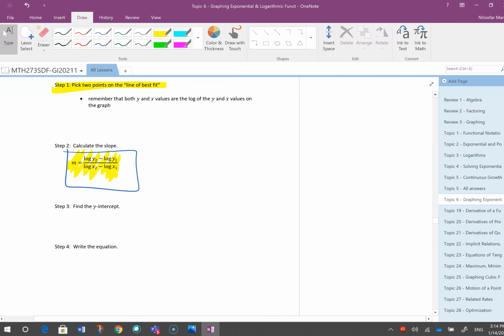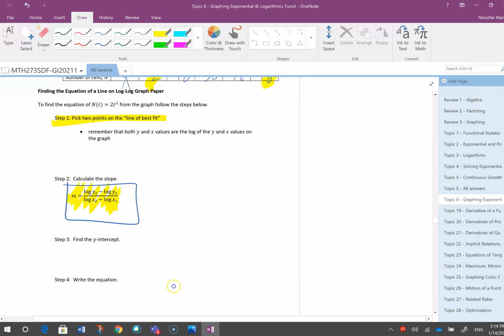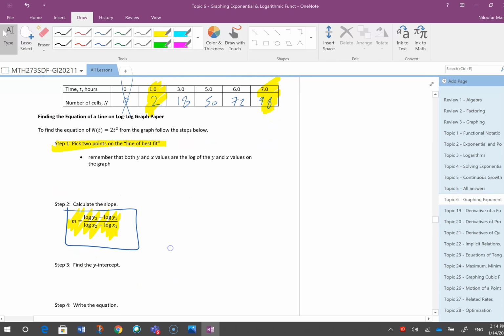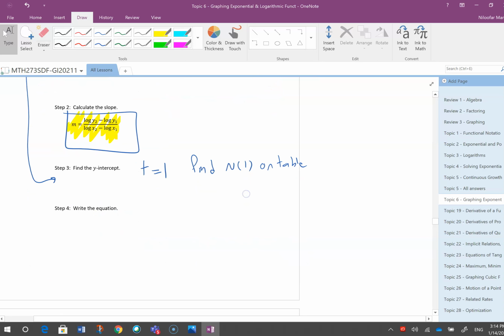You have the y-intercept. What is the y-intercept? I said for the y-intercept use this value, for t equal 1. So for t equal 1, find n1 on the table. This is your y-intercept. Then write the equation.